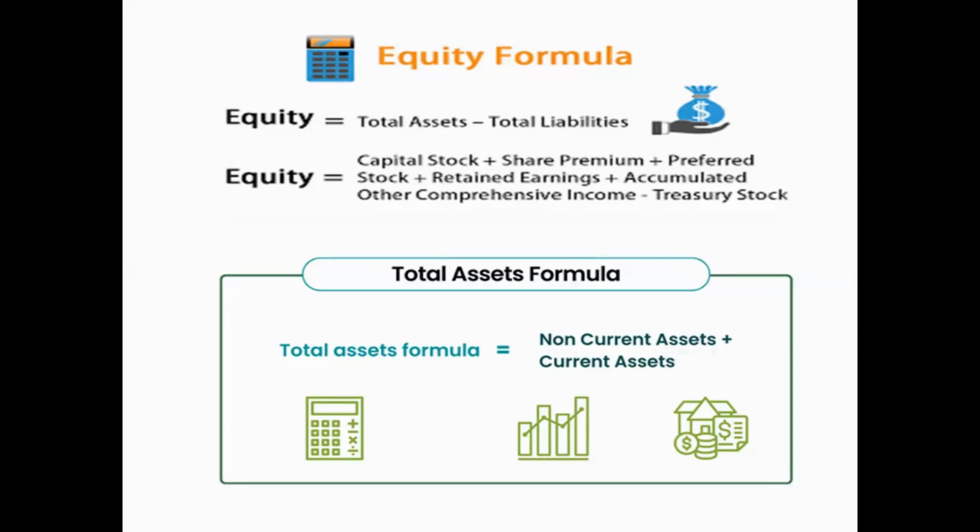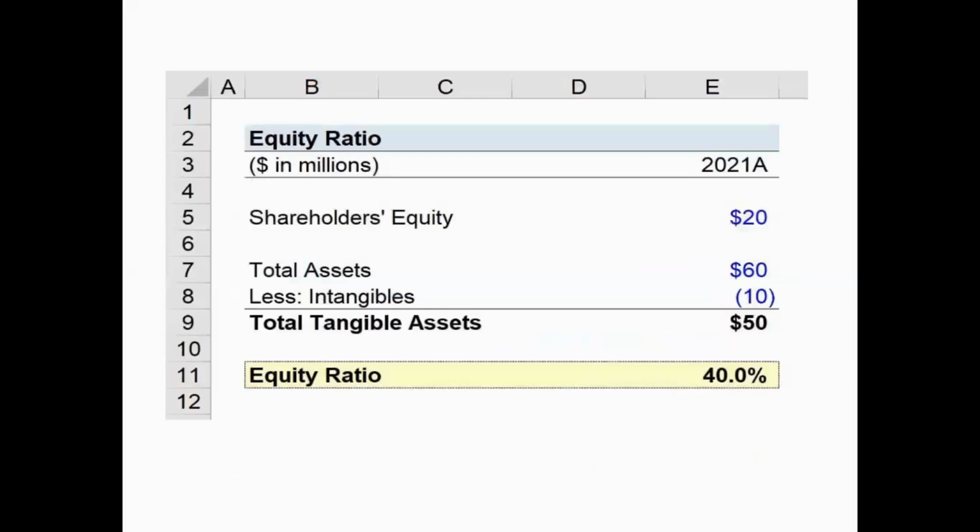The formula of total assets is non-current assets plus current assets. Here is how we calculate the equity ratio in Excel.